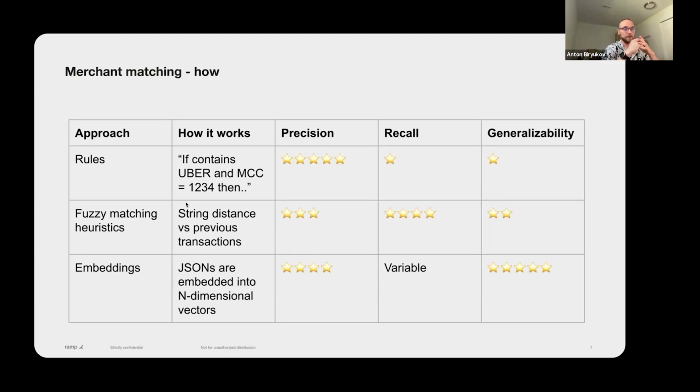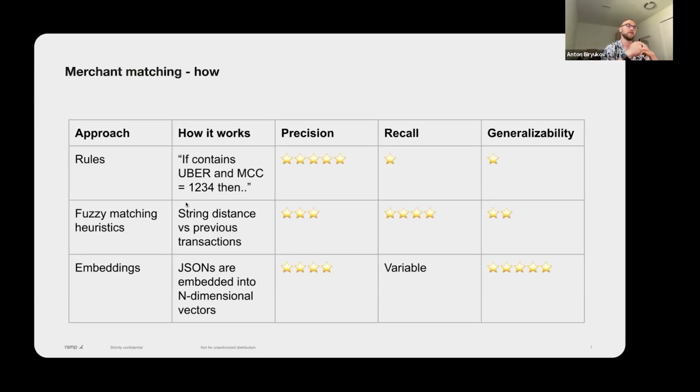Then there's classic fuzzy matching heuristics, such as string distance against previously identified transactions that already have the merchant attached. That way, we can achieve probably a rather medium precision, because heuristics tend to fail in fun, unpredictable ways, and are even more fun to debug, as probably many of you know.